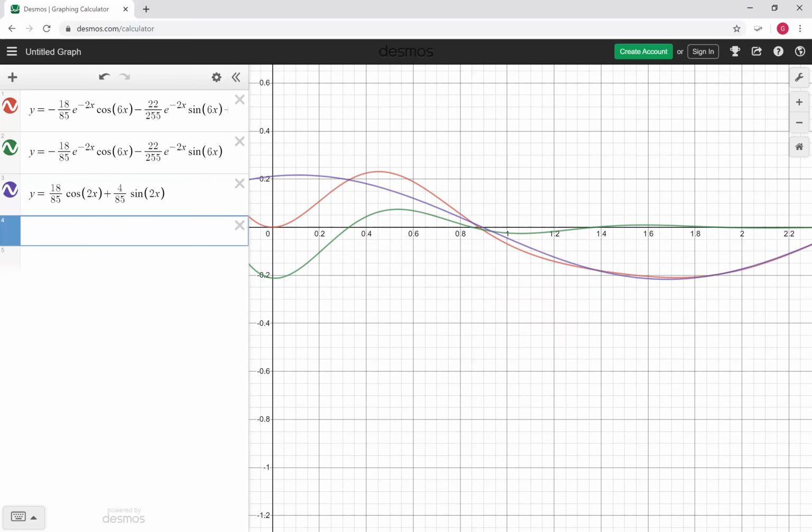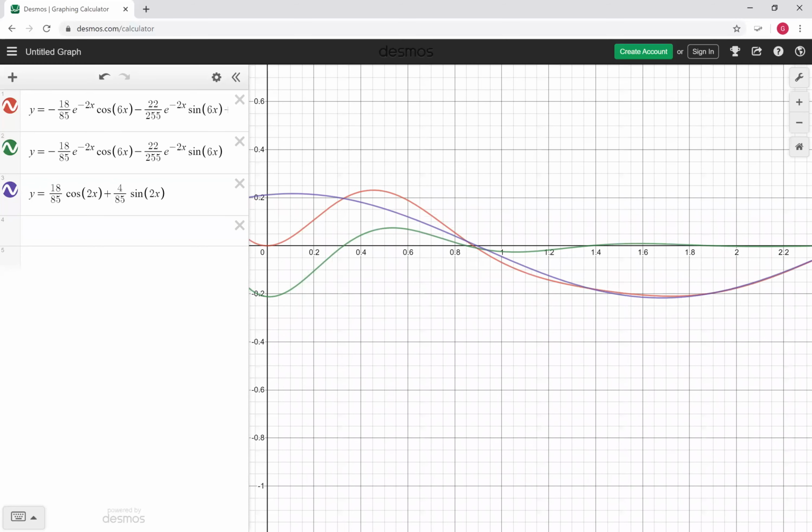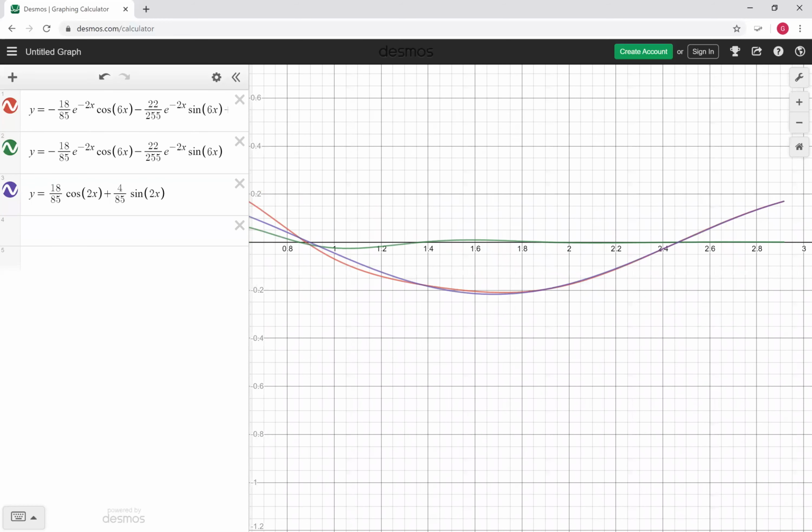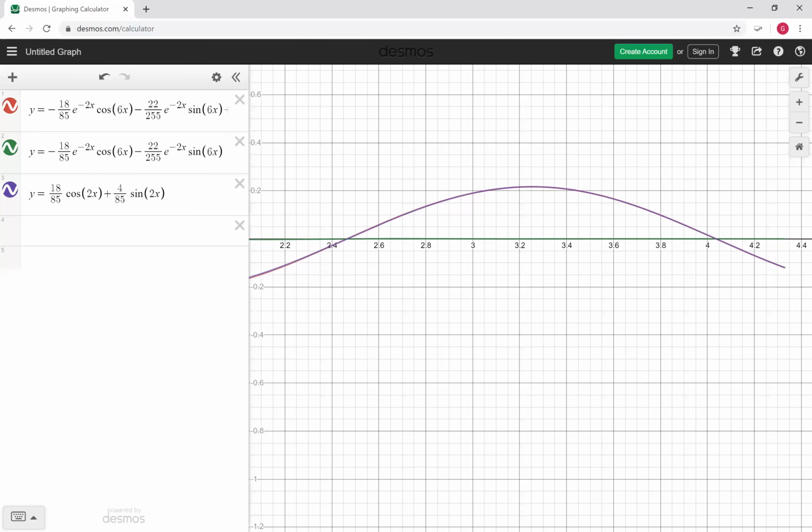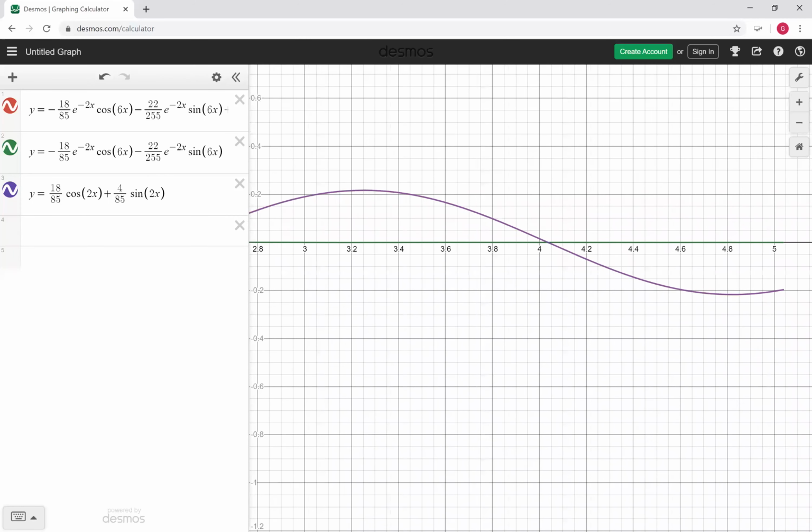That's it. Look at that. As you can see in this figure, this purple one is the steady state. At the beginning, it is totally different from the general solution, which is the red one. But when time gets bigger, you see, it matches the red one.